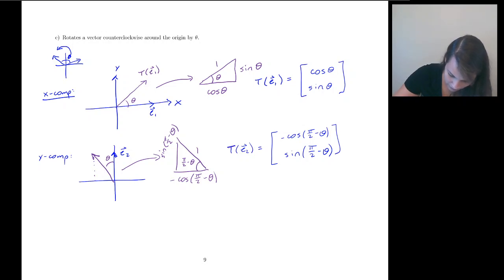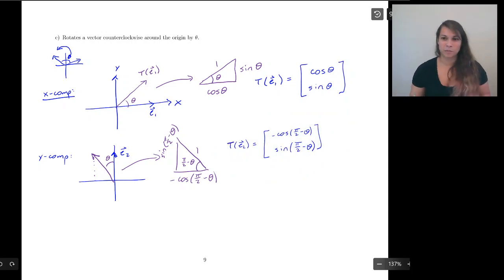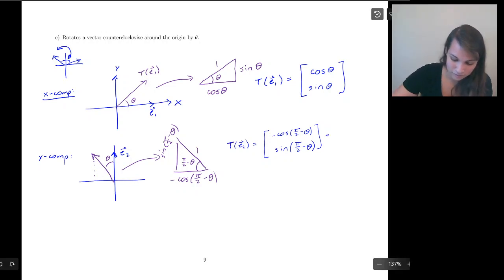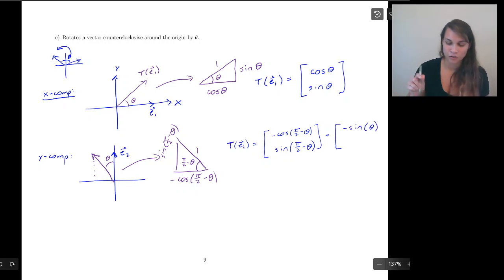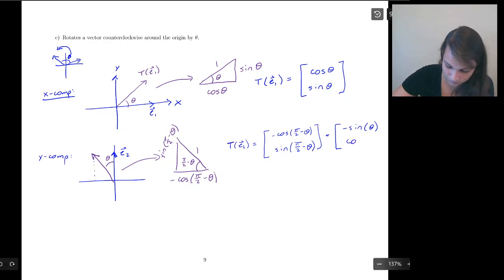And then I'm going to ask you to remember what cosine of pi over 2 minus theta is. Remember, cosine and sine are offset by a shift of pi over 2? Asking you to remember a lot here. But hopefully you can accept this enough to be like, oh yeah, if you shift a cosine by pi over 2, you get sine.